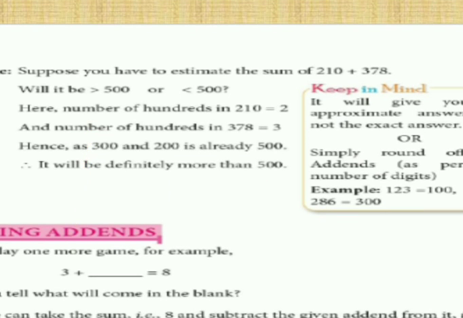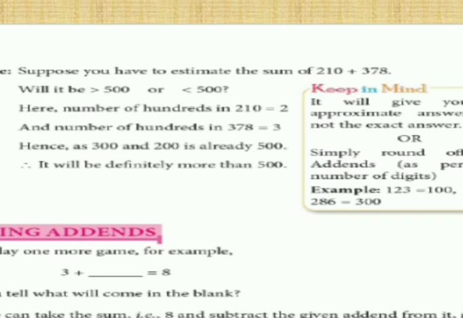As you can see in your example first, suppose that you have to estimate the sum of 210 plus 378. So what you will do: will it be 500 or less than 500? Here the number of hundreds in 210 is 2, and the number of hundreds in 378 is 3.